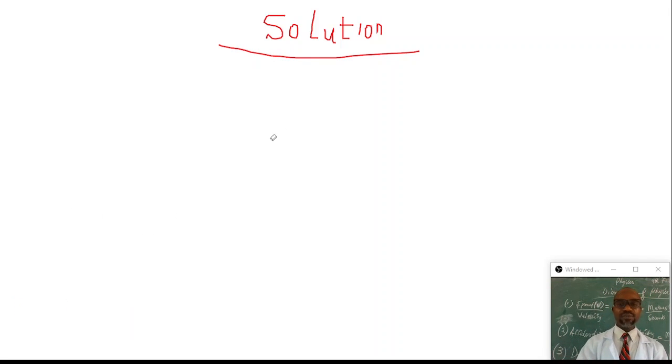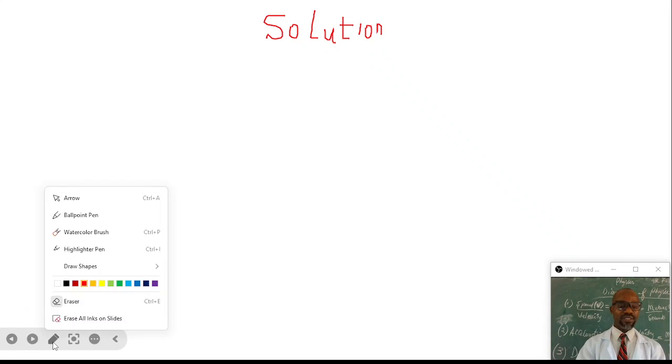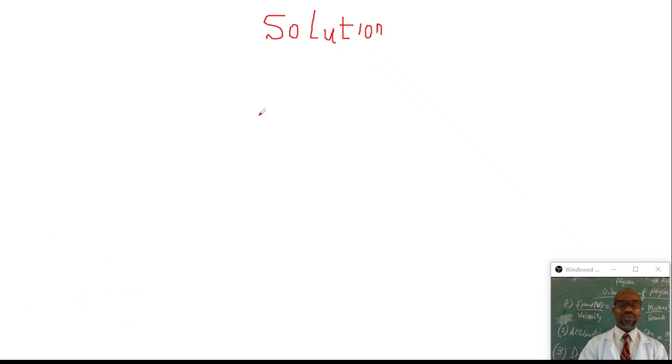Let's do something reasonable. This line, I don't like it, let me remove it, and then do something beautiful here. Okay, so we use this. Now, potential difference PD, take notes.